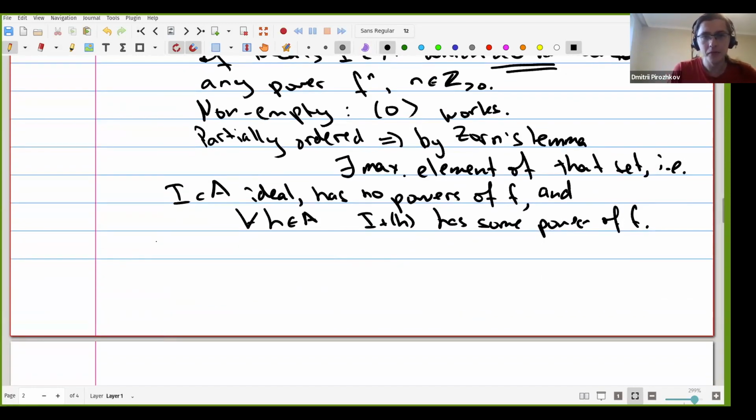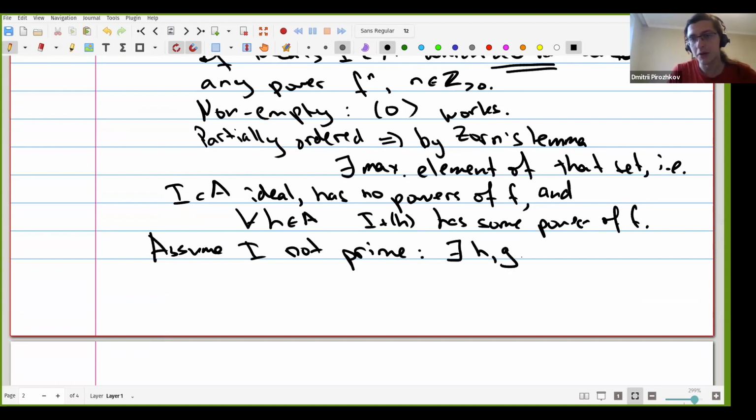So assume, we'll prove this by contradiction, assume I is not prime. By definition, this means that there exist two elements of my ring, h and g, so that h times g lies in the ideal, but neither h lies in the ideal nor g lies in the ideal.